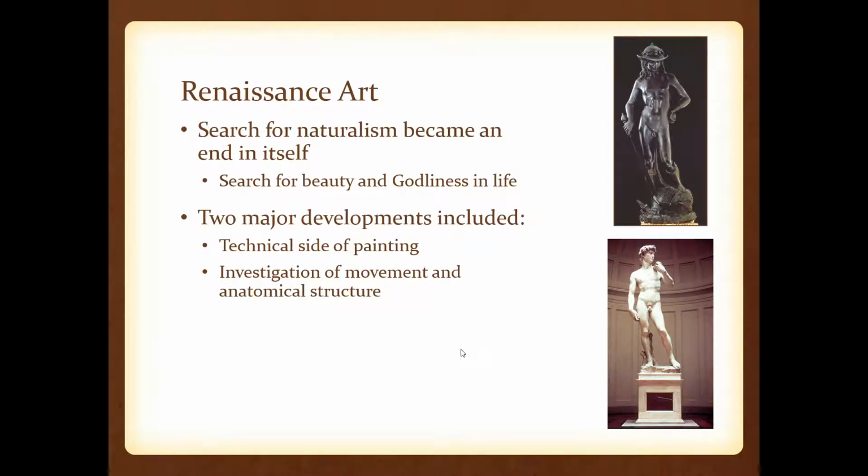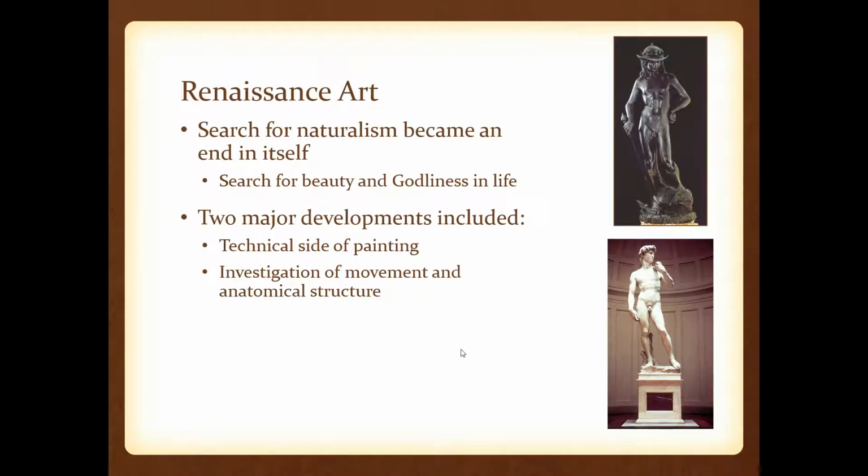Two sculptures that are looking at the same person, and one of them is portraying David as a much younger boy, almost feminine. He's very, very lively. And then Michelangelo portrays David as more of a jock.